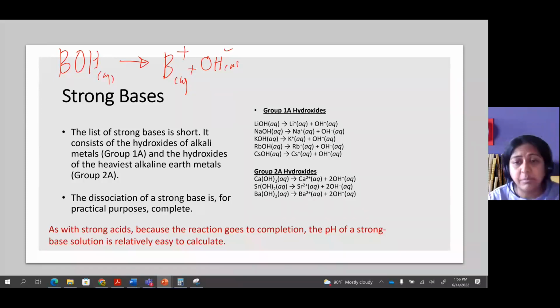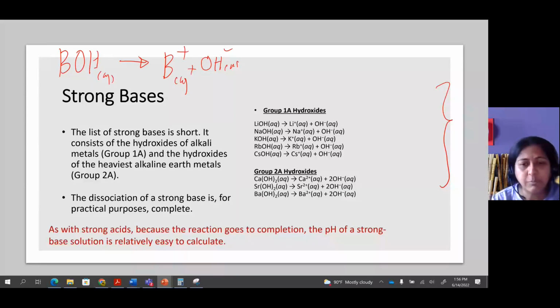The list of strong bases is very short, so it's better to remember the list of strong acids and strong bases. That would be helpful in answering the questions in your test.